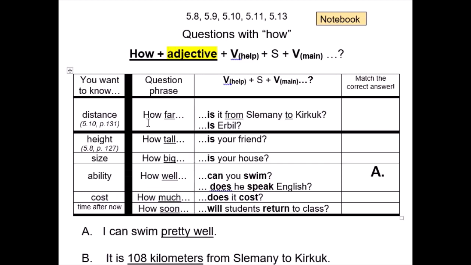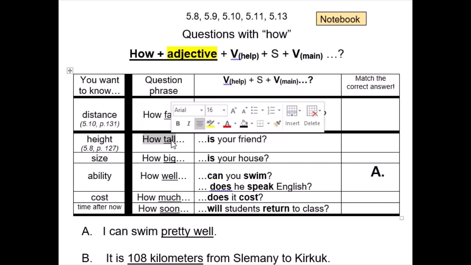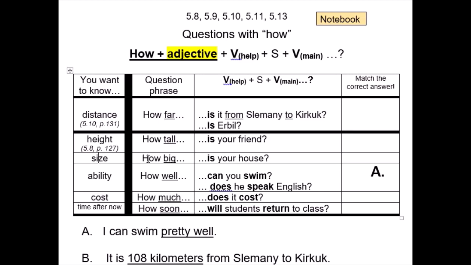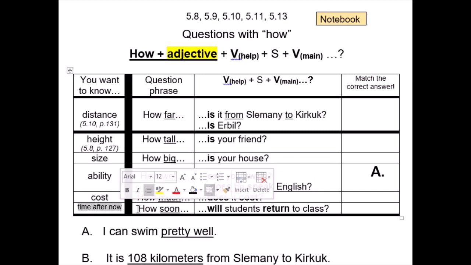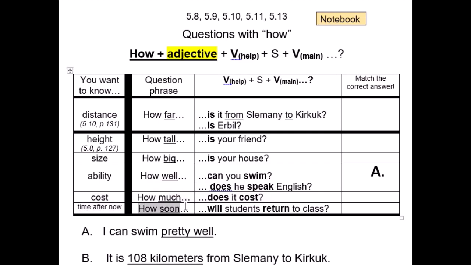So question phrases for distance, how far? For height, how tall? For size, how big? Ability, how well? Cost, how much? And time after now, how soon?